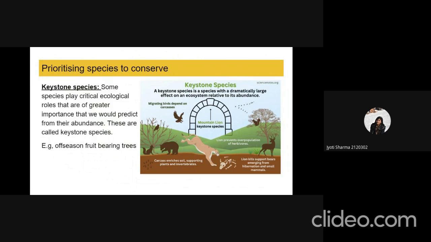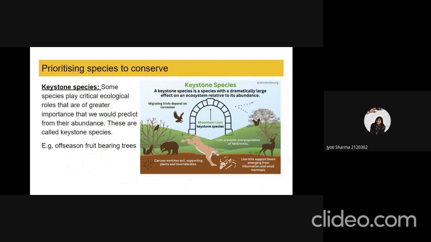And because it kills the deer, we have the carcass, and birds such as the eagle depend on this carcass. So if we have the lion, it partially controls the whole system. That's why this is the keystone species.